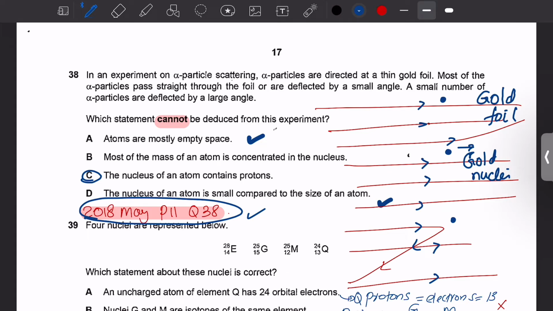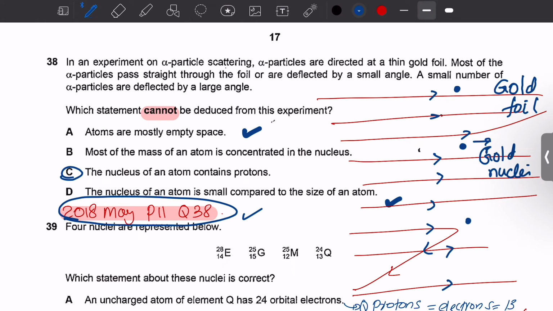So from this experiment, what we cannot deduce? Atoms are mostly empty. Of course we can deduce that, that's why most of them are going straight. Most of the mass of an atom is concentrated in the nucleus. Otherwise, these alpha particles will not be deflected, because those small particles can't deflect. So this can also be deduced. The nucleus of an atom contains protons.